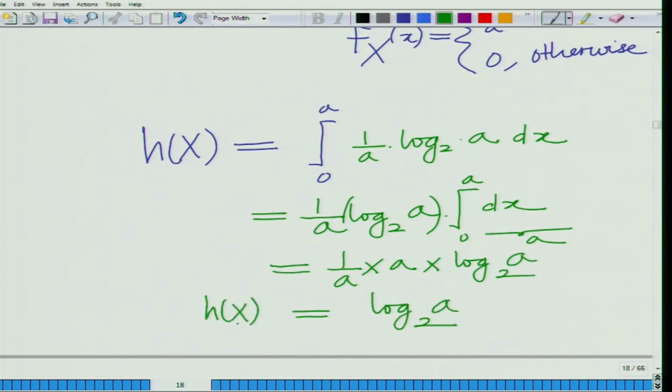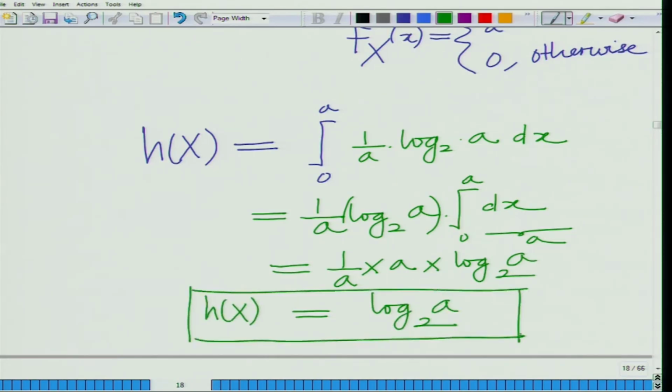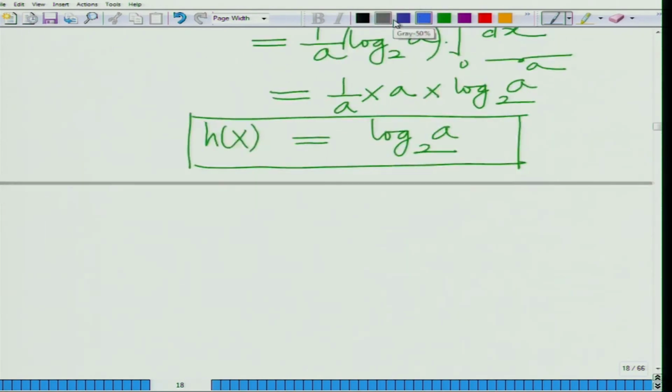So, we have evaluated the differential entropy of a simple source corresponding to the uniform probability density function, f of x.